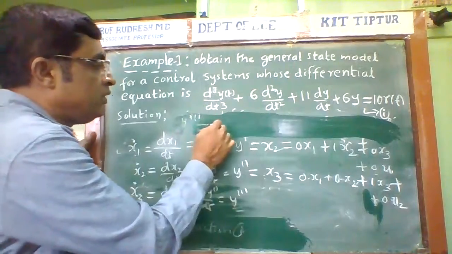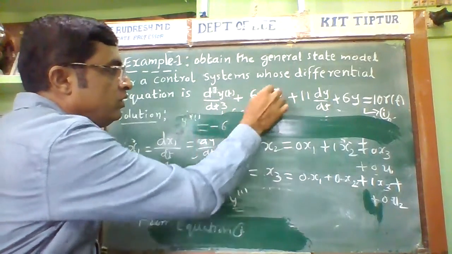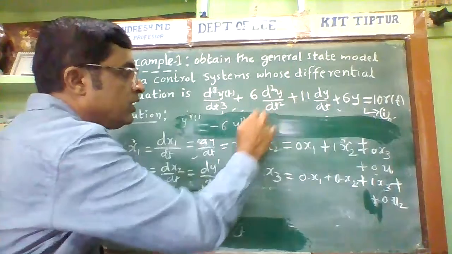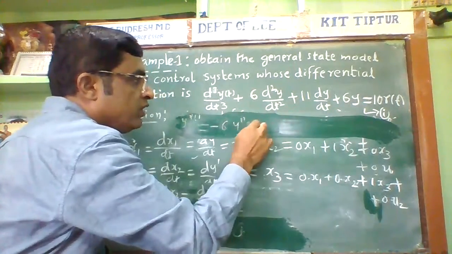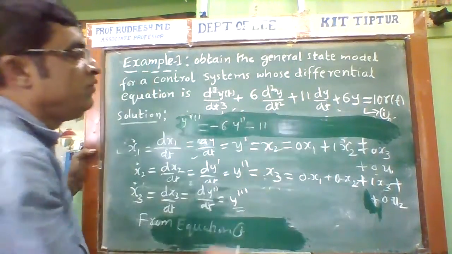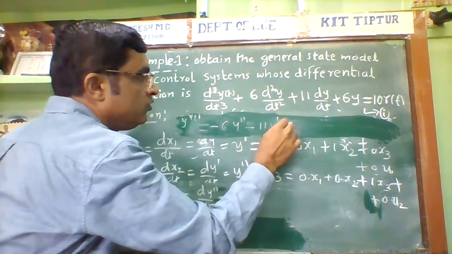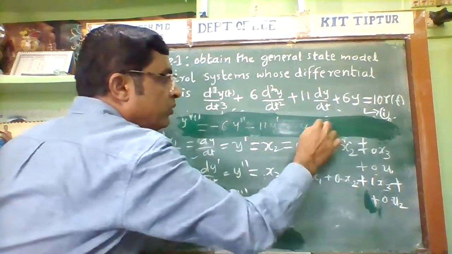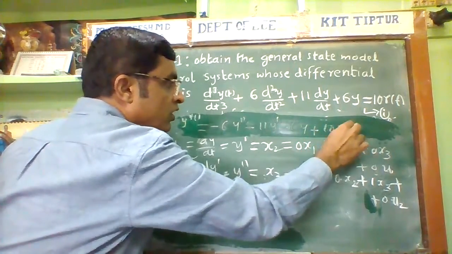Then y triple dash is equal to minus 6 into y double dash, minus 11 into y dash, minus 6 into y, plus 10 into r of t.